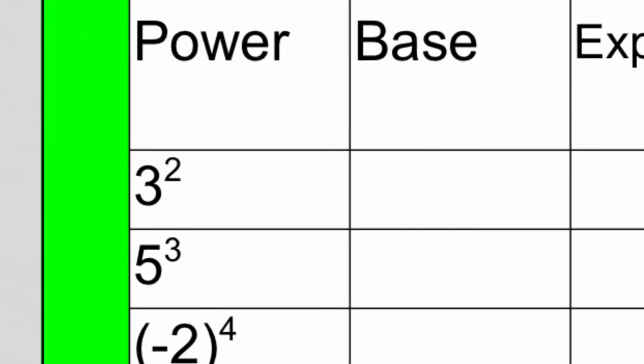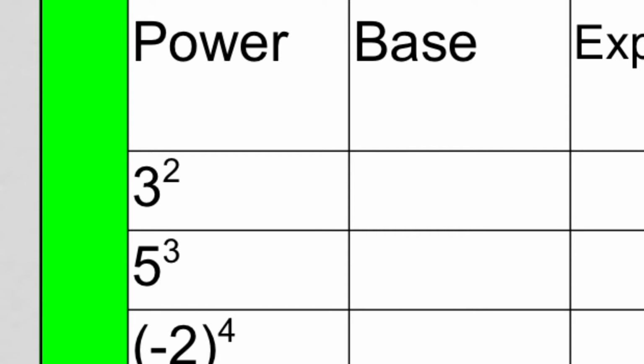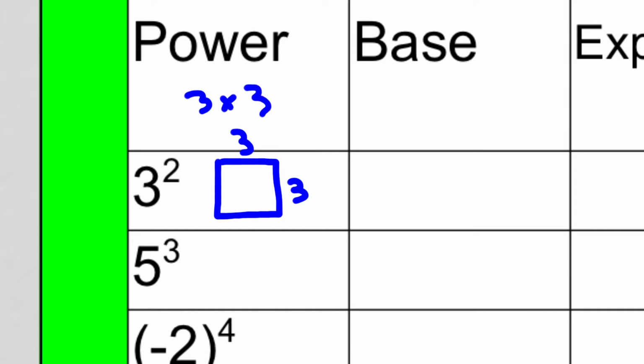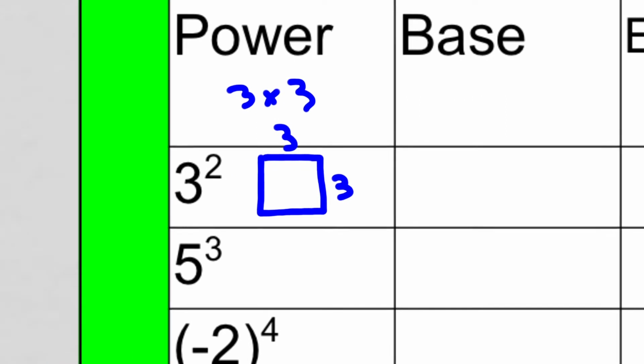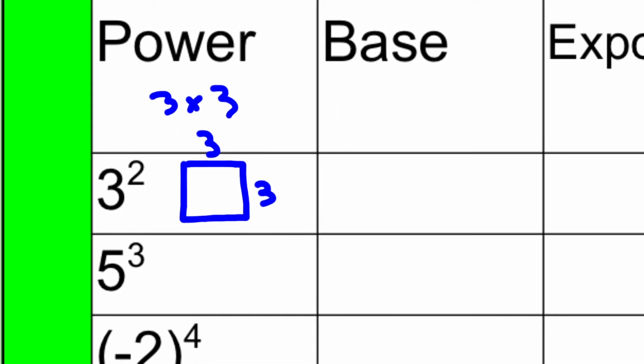The reason we say 3 squared is because if you were to build a square that had side lengths of 3, you would literally get a square. If you take a square that is 3 by 3, that's a square. So that's why we say 3 squared, because if you have a square that is all sides 3, that's a 3 by 3 square, 3 to the power of 2.